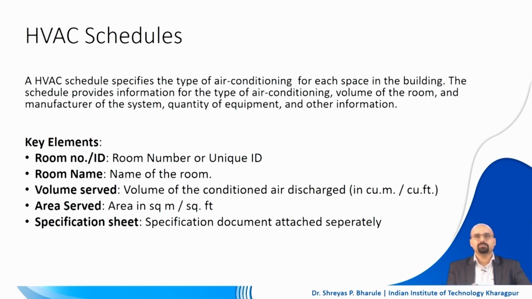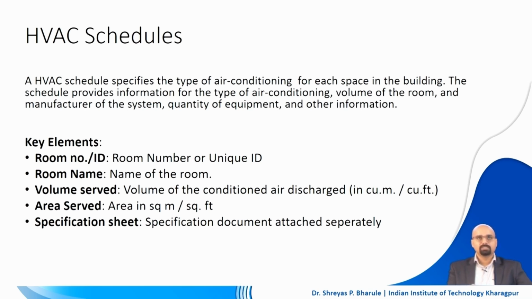So these schedules and these drawings come from an HVAC consultant, but an architect also needs to understand that and whether the communication is happening well between the client, the architect and the consultant, that can be checked or that can be brought on the same table using such kind of additional schedules which can be put in on a working drawing. So HVAC schedule specifically mentions on what type of an air conditioning will be happening in each of the space of that particular building, right.